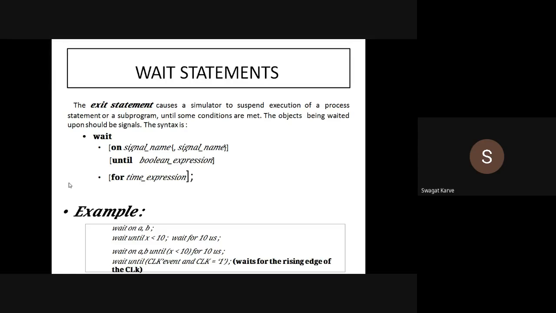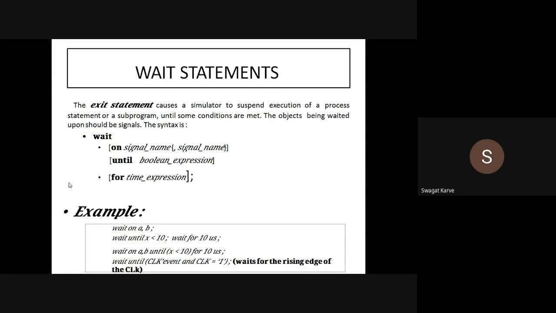Up till now, we have studied different types of sequential statements that can be used in VHDL programming, such as case, then loop statement, then exit statement. Whatever comes under the process, everything is sequential.